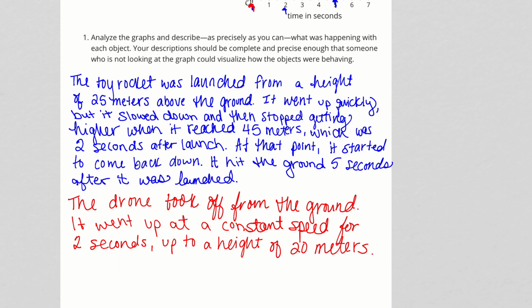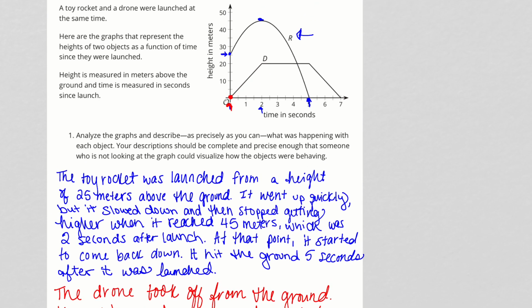So if I look up at my graph, I can see that constant speed. It's a constant speed because if it is like a straight line, it's going to have a constant speed. Up here on our rocket, it did not have a constant speed because it is a curve, not a straight line.